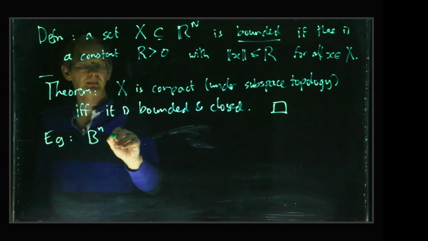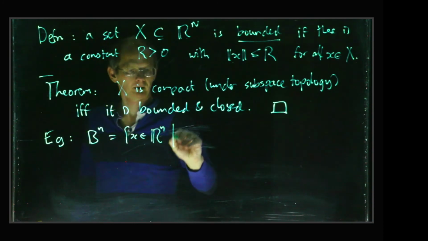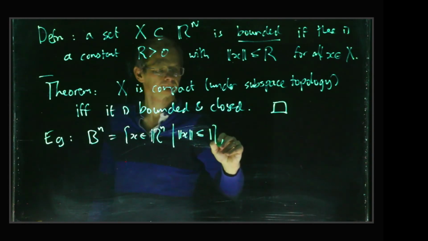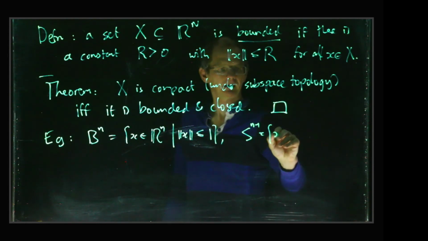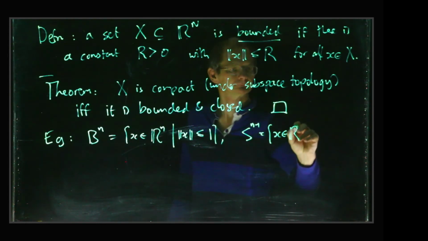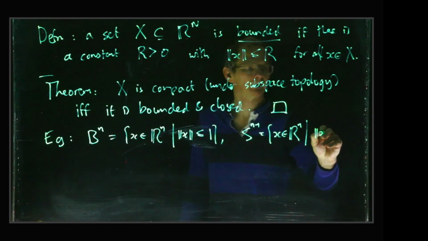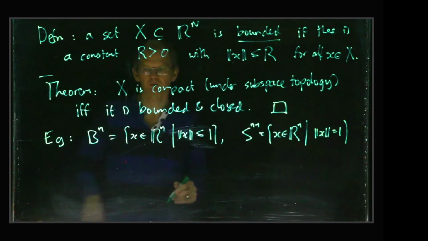So remember, Bn is the set of x in Rn with the norm of x less than or equal to 1. Sn minus 1 is the set of x in Rn with norm of x equal to 1. Okay, so those are both bounded and closed.